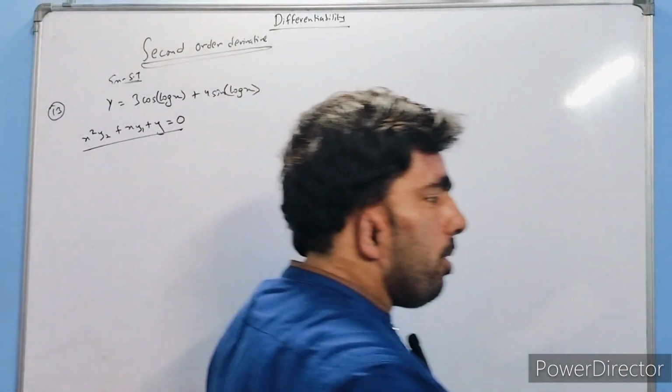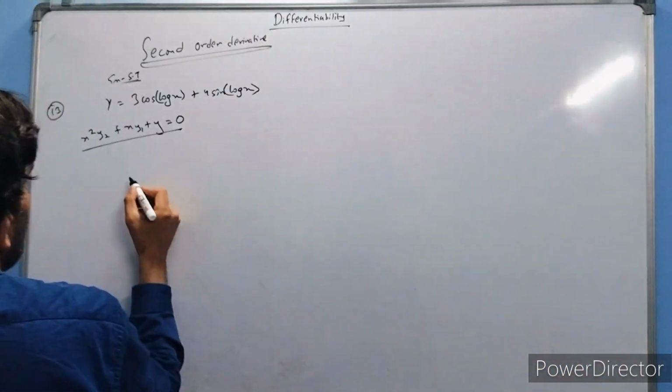First we need to find dy upon dx. So dy upon dx is equal to minus 3 sin log x upon x plus 4 cos log x upon x. So y1 is equal to minus 3 sin log x plus 4 cos log x upon x.